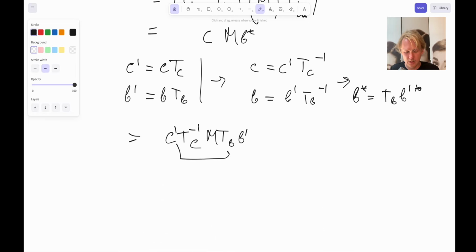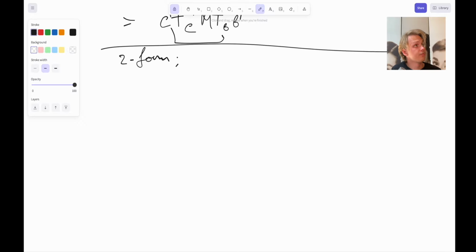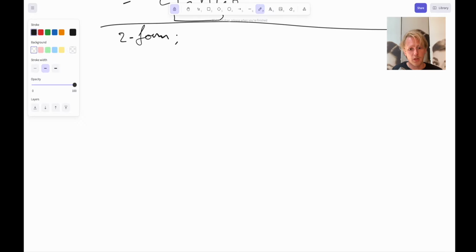Right, and finally we get to the place where we deal with what we call a bilinear form. So it's a two-form. We do a similar construction: if we have a bilinear form, we get its matrix.